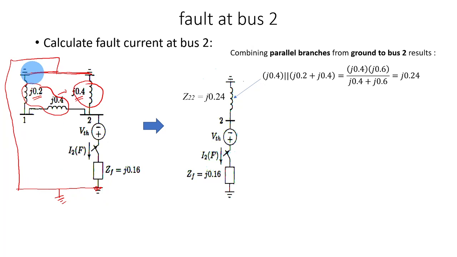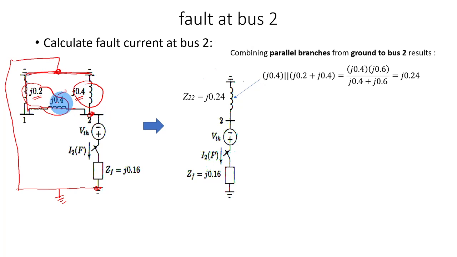So as you can see in this network, these two are in parallel together, right? It's connected in series because bus 1 is not connected to anything else, and this branch here is J0.4. At this point, the three impedances are connected at the same common point here and here.